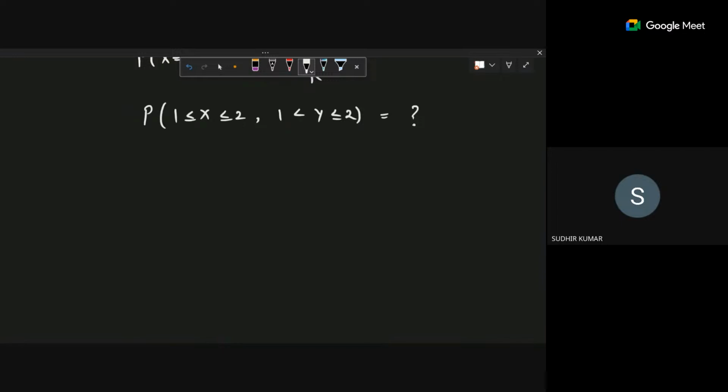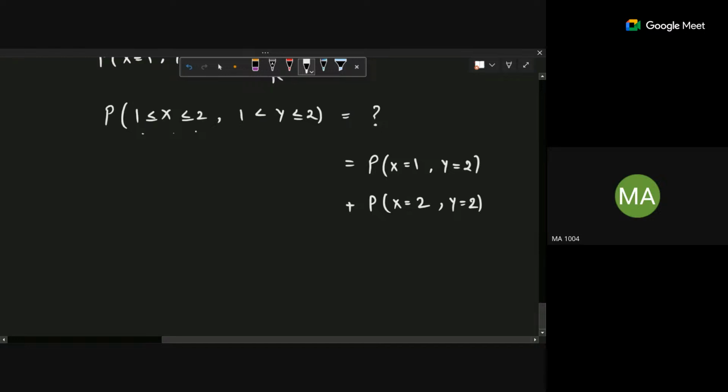Can I say x is lying between 1 and 2, and x can take only two values, 1 and 2, so probability x is taking 1, probability x is taking 2. And what about y? y can take only the value 2, not 1, right? Only one value, that is y equal to 2. We want to add these probabilities, and that will give us the required part.